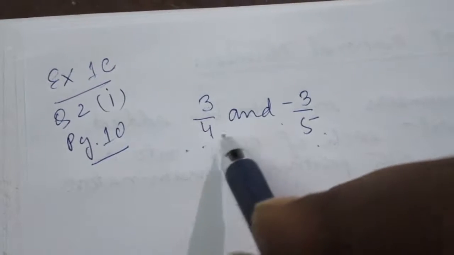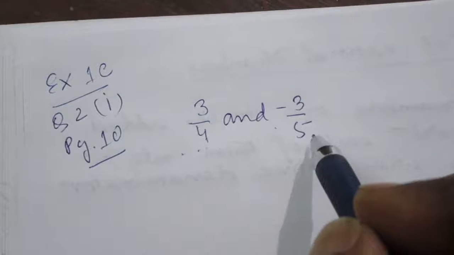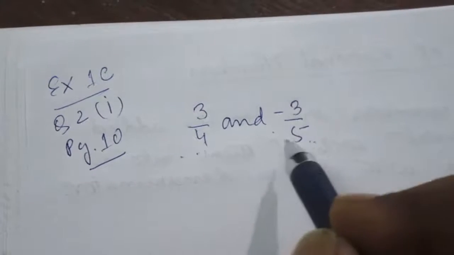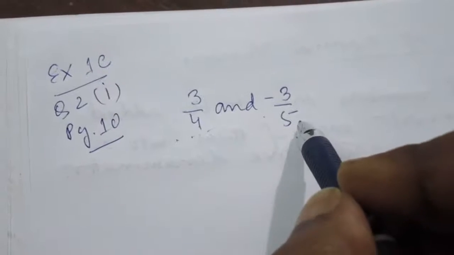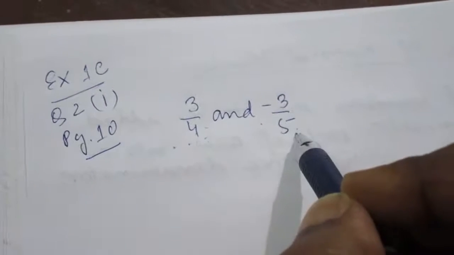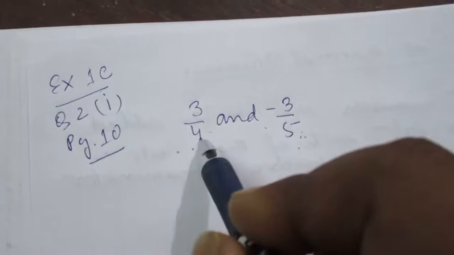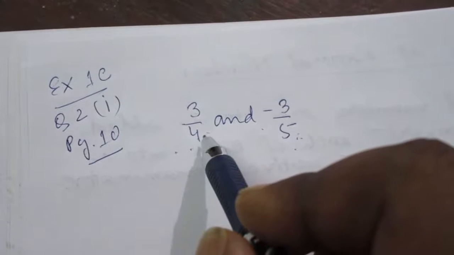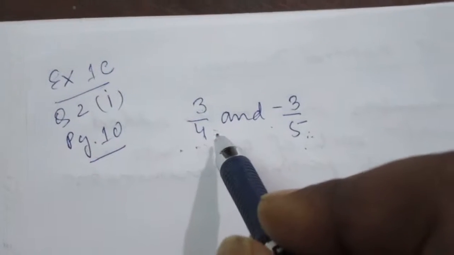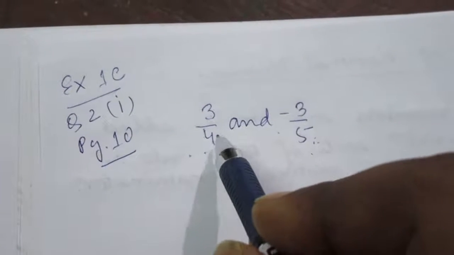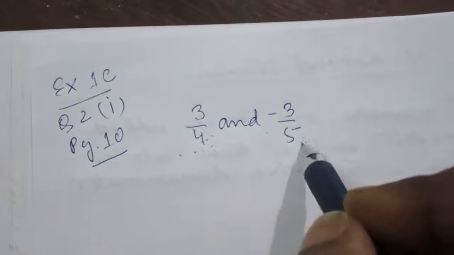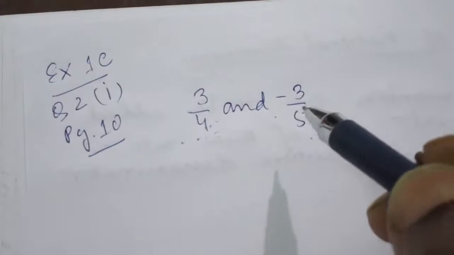In both the rational numbers the denominator is different, and both have a positive denominator. The only matter of concern is that the denominators are different, here 4 and here 5. So how do we do it?